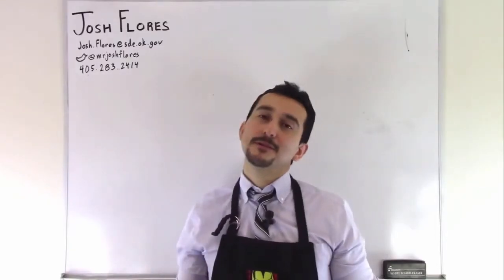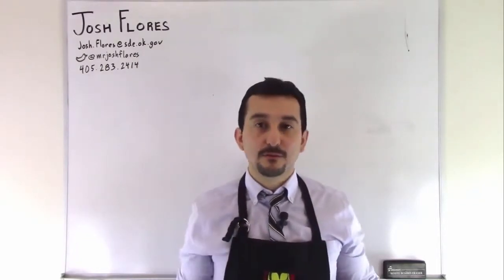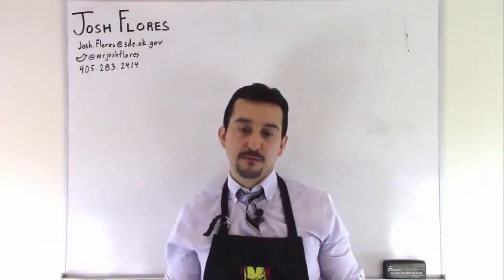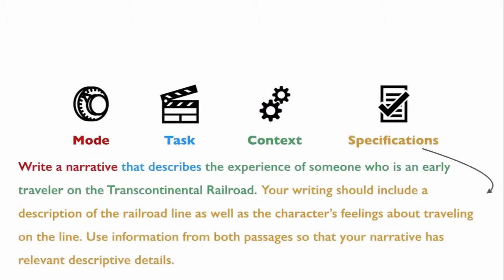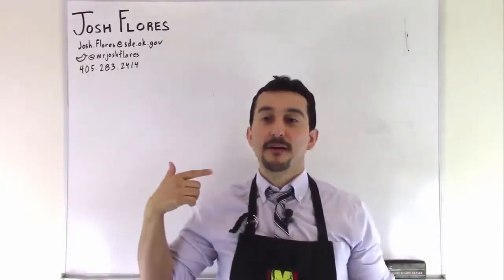But what if we're not familiar with the Transcontinental Railroad? Well, just like all good authors, we're going to go do some research taken from 2 specific passages. And the specifications that we must include, 1, a description of the railroad line, and 2, the character's feelings about traveling on the line. So that gives us some things to infer.